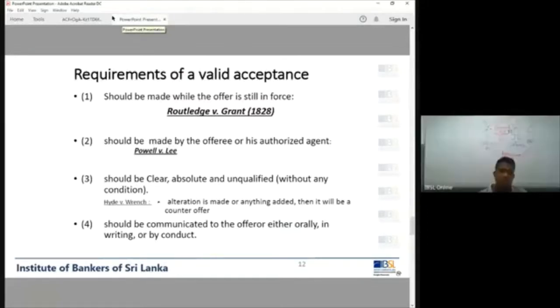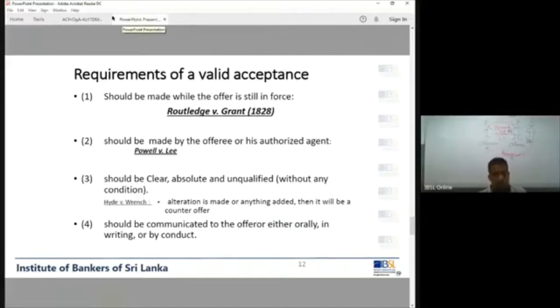So therefore, it has to be very clearly communicated, without any condition, without any doubt, that she has accepted it. For example, she has to say, I accept your offer. So that is very clear. When you say, I accept your offer, that means that is final.